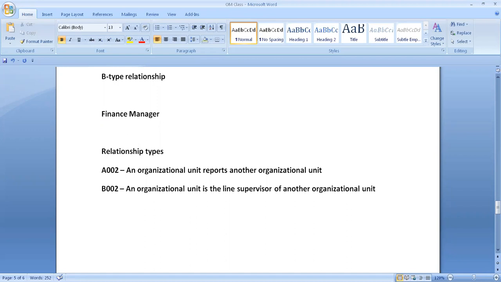Again, I'm going for A002. For example, I can again go for A002 this time because I have taken the position example also, like finance manager and finance executive. So you can say that a position reports to another position.